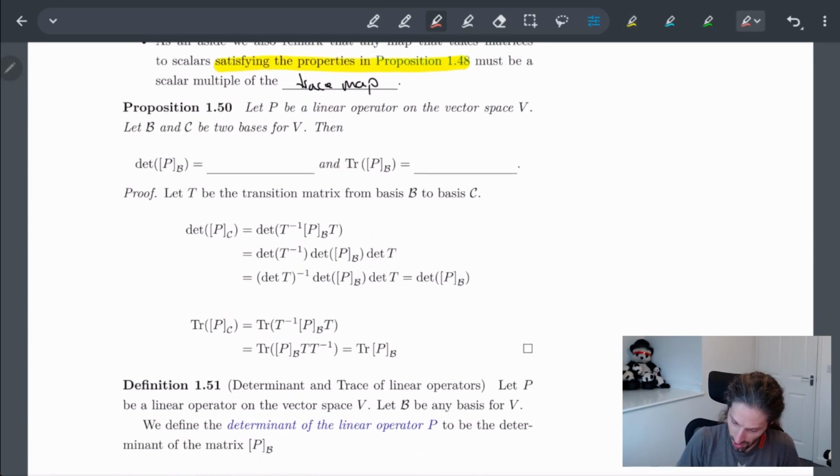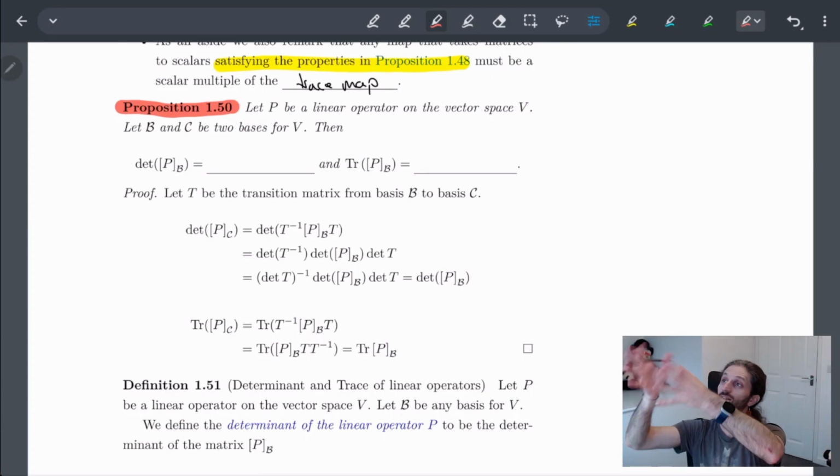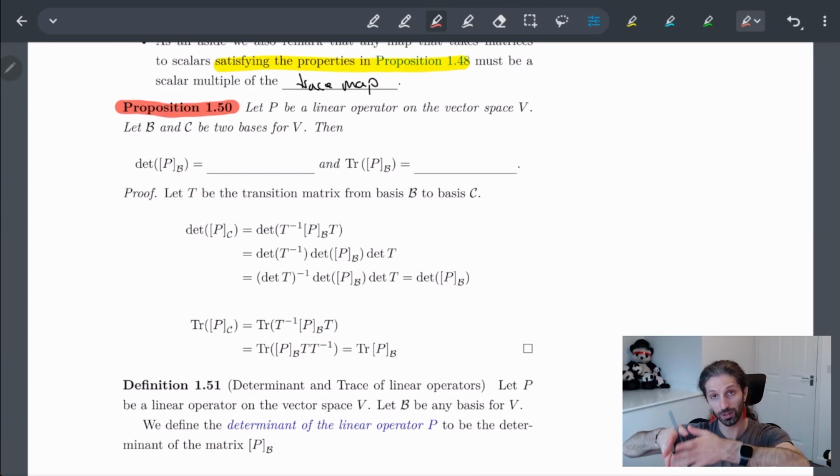So the proposition that's up next is that if I have some linear operator P, and I have two different bases, B and C, I want to see the determinant of the linear operator P with relation to B. What is this equal to with relation to C?